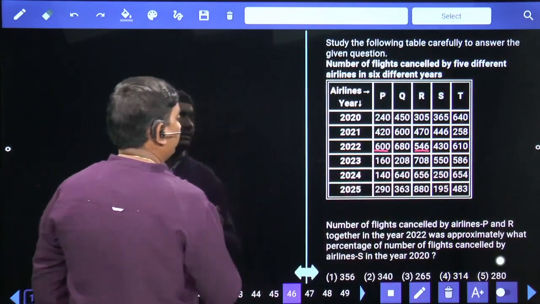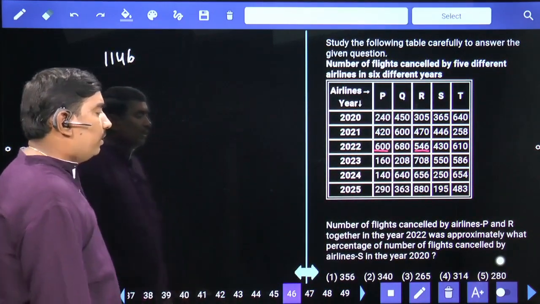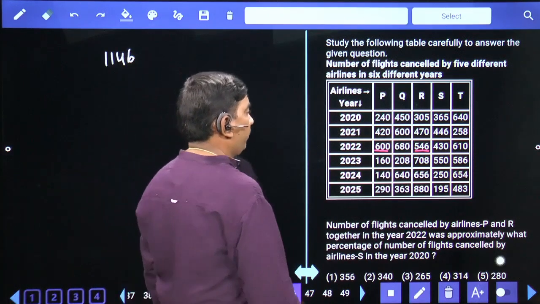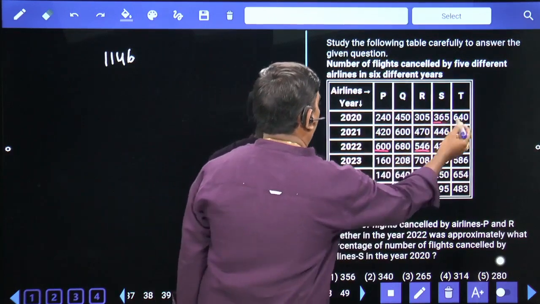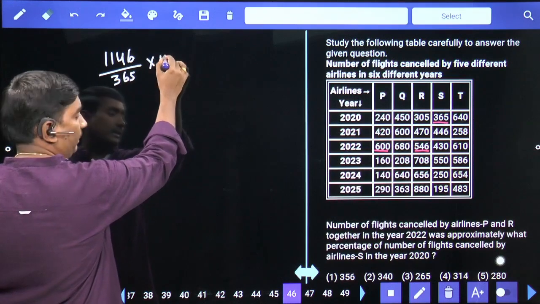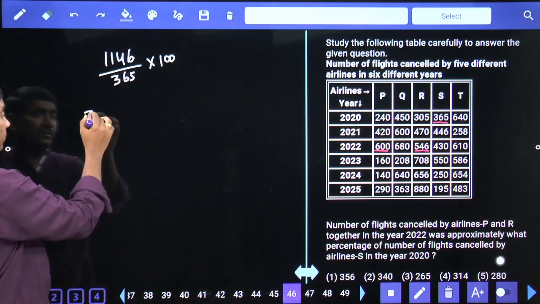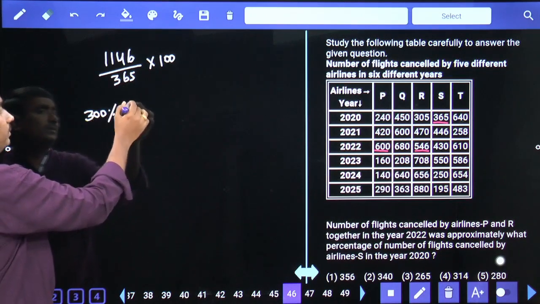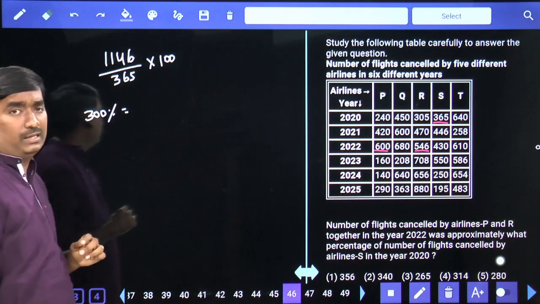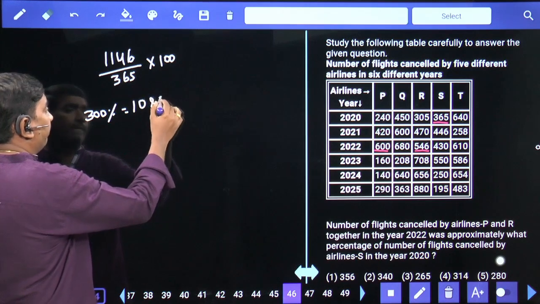600 plus 546, 1146. Was approximately what percentage of the number of flights cancelled by airline S in the year 2020? Airline S in 2020 means 365 into 100. Denominator 3 times, 300% value. 3 times of 300, 900. 360 is 180, 3 5 is 15. 195 means 1085.